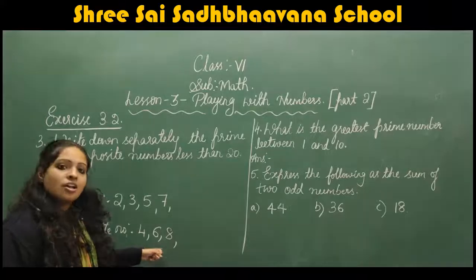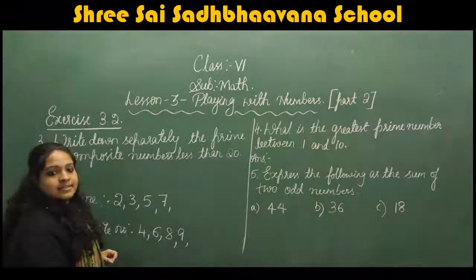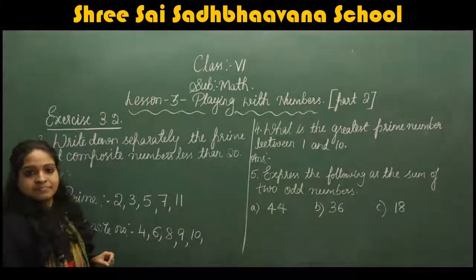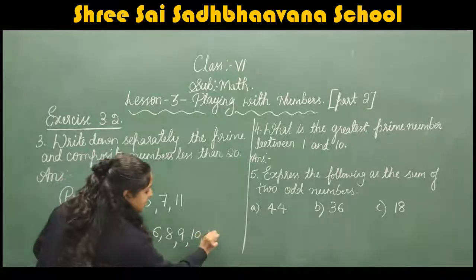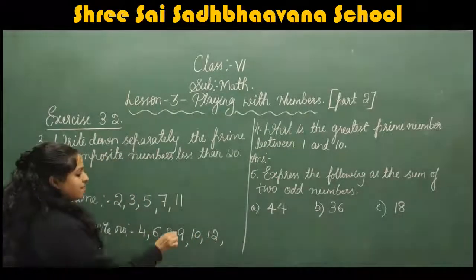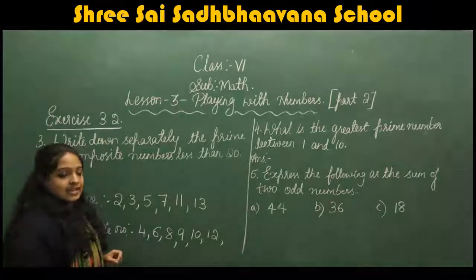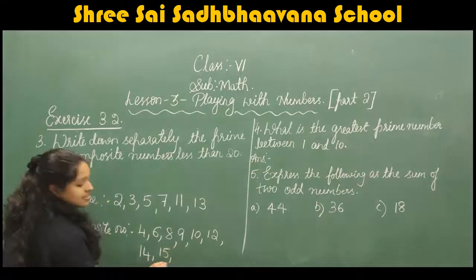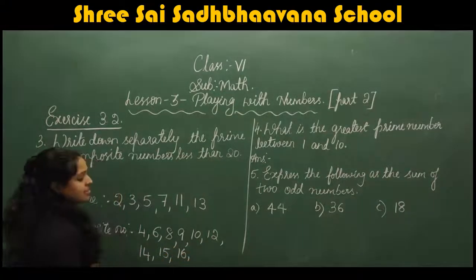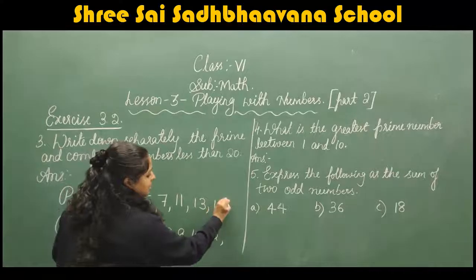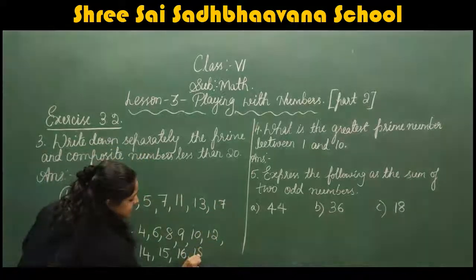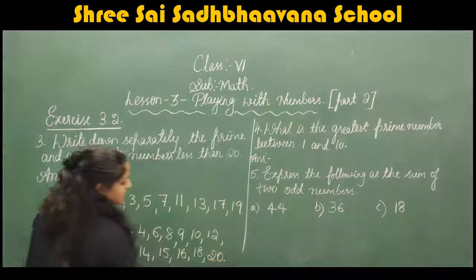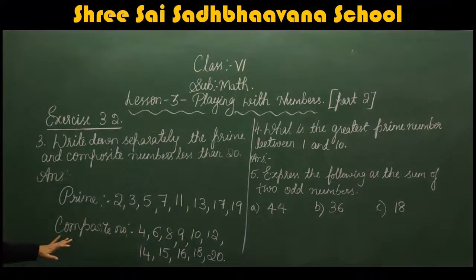Yes. 9, composite number. 10, composite number. 11, prime number. 12, composite number. 13, prime number. 14, composite number. 15, composite number. 16, composite number. 17, prime number. 18, composite number. 19, prime number. 20, composite number. These are the prime numbers and composite numbers.